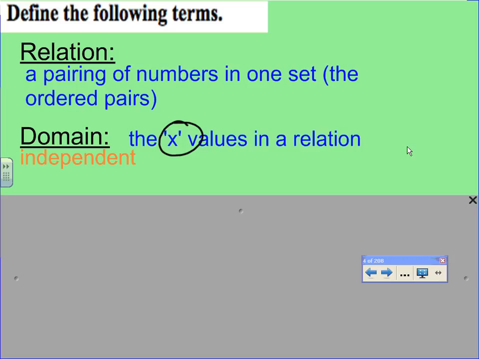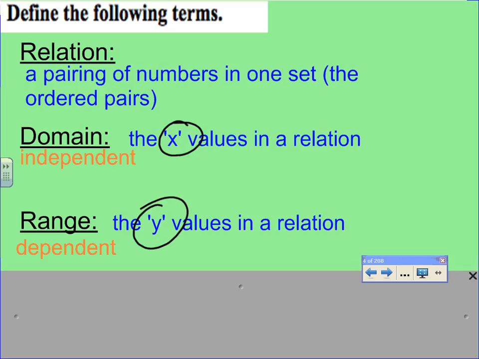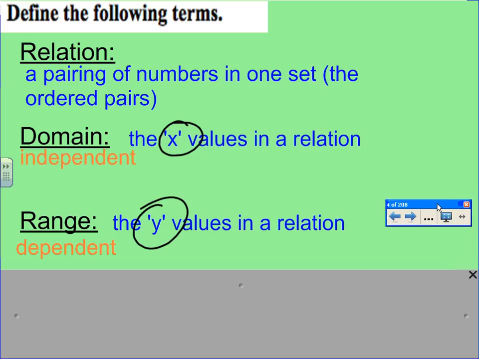Range are the y values in a relation. And then I wrote underneath it in orange, dependent, because range also means dependent. It's the y values.